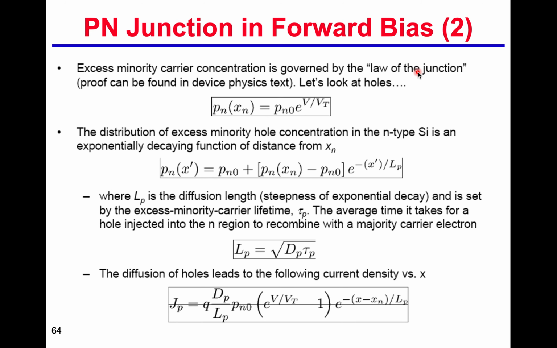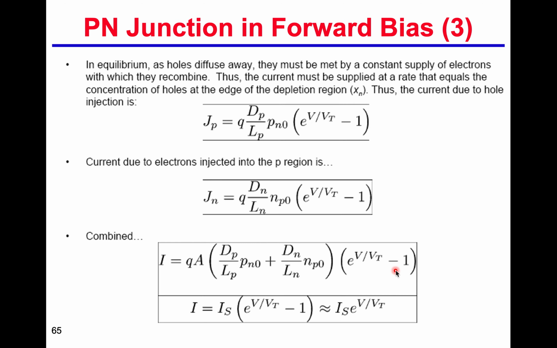And here, after some equations, and I will not go into the detail here, then we can obtain this value. So you can see here the current and the voltage have a relation that is proportional to the exponential of V. So that will be an exponential increase. Okay, so that is the equation.